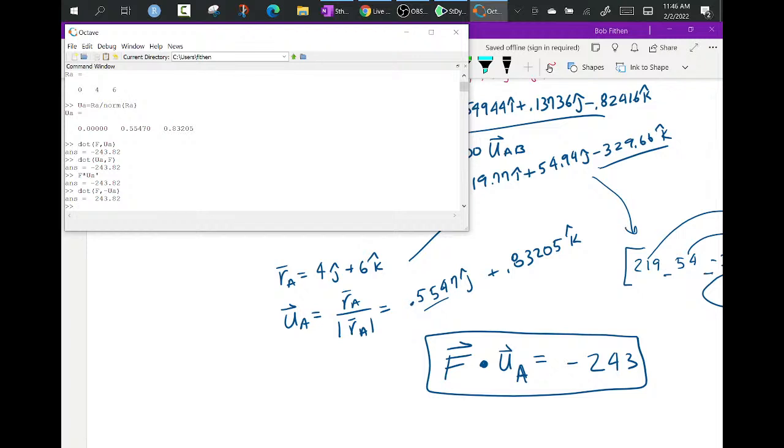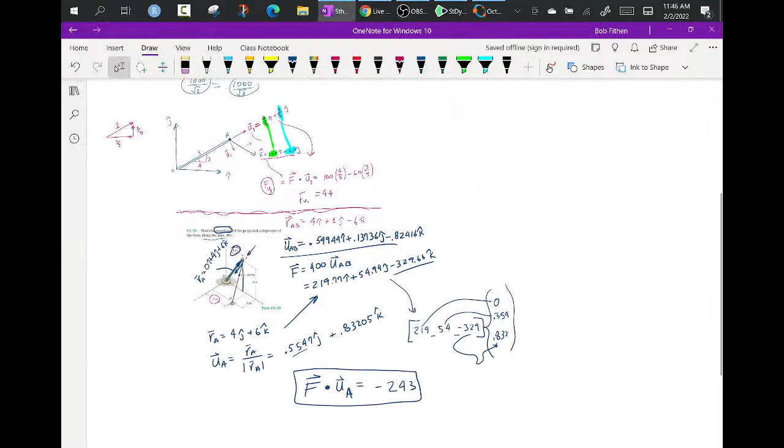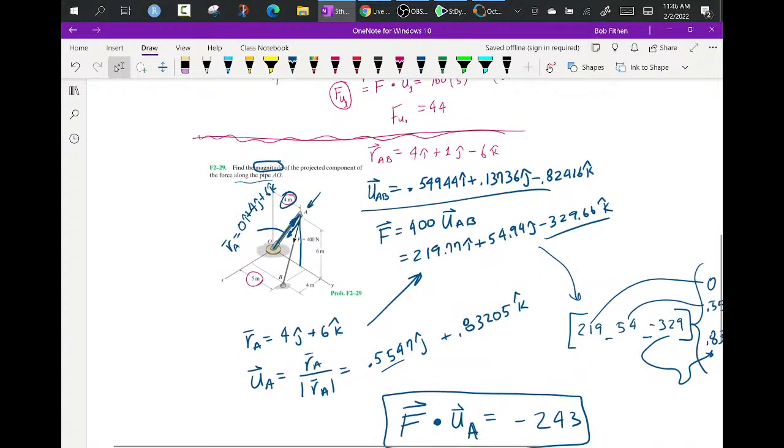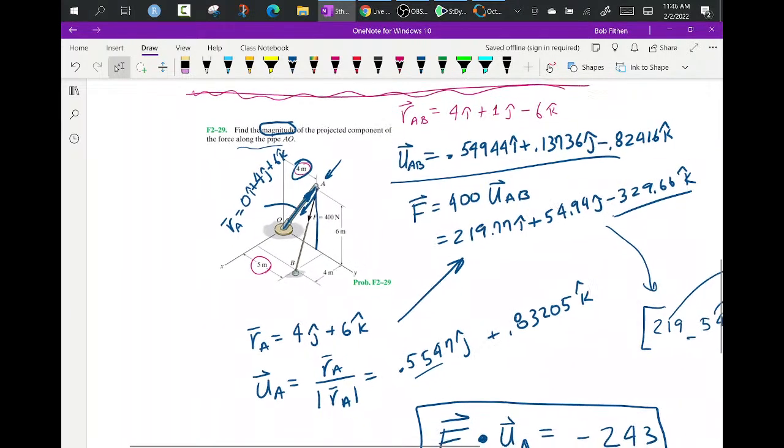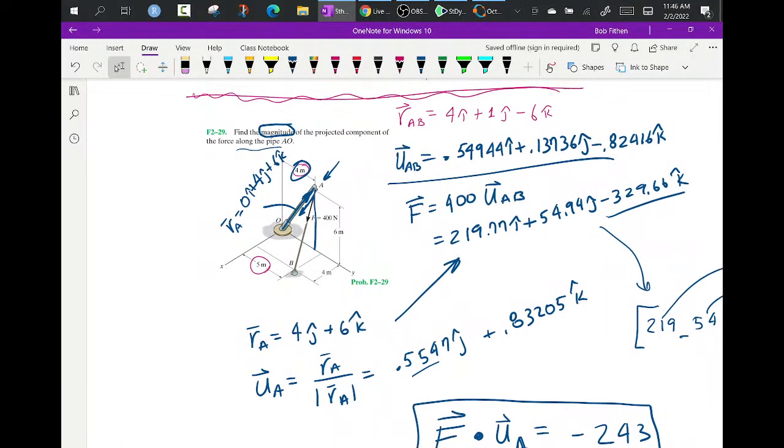It's in the positive direction. So that's kind of the way you do that, is you can use this vector and dot things around all over the place. So I hope that makes sense.